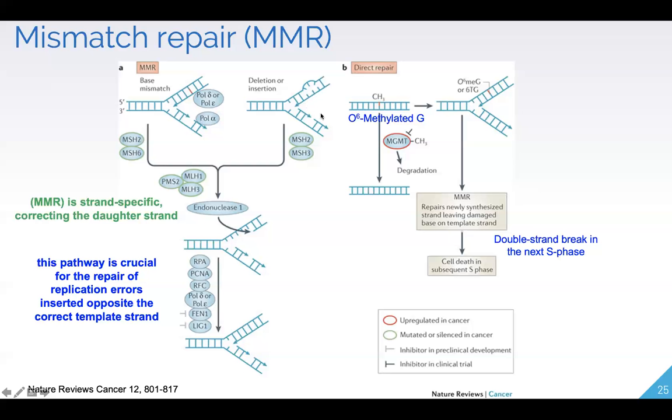And so it's just another layer to make sure that the normal replication has gone correctly. Okay, so basically for normal DNA replication, you have two proofreading mechanisms. The first is the inherent proofreading activity that is associated with the DNA polymerases, delta and epsilon. And second is the mismatch repair pathway that comes in and detects these lesions if they were missed by the proofreading activity of these polymerases.